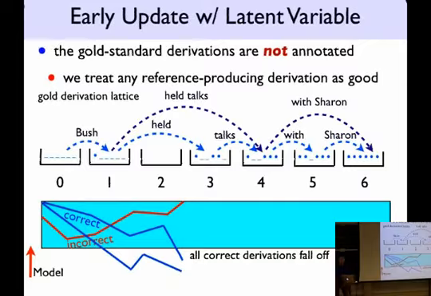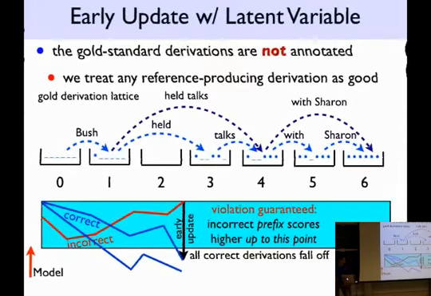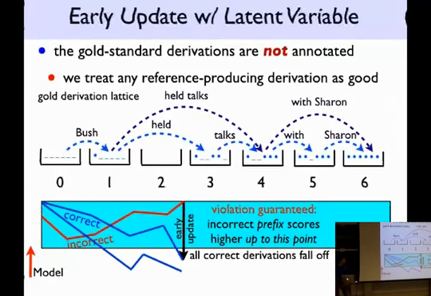It's guaranteed that you have to produce something wrong, because every single thing that is potentially good is already pruned, has already fallen off the beam. Now the early update is from the best incorrect in this step towards the best correct in this step.